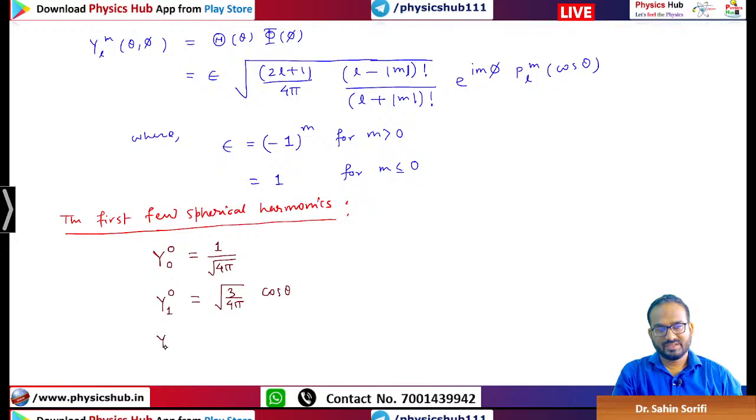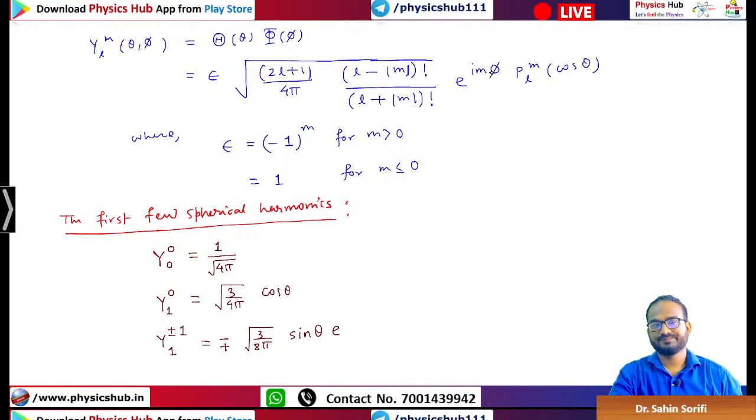As you make it l is equal to 1, m is equal to, let's say, plus 1 or minus 1, if you choose plus, it will become minus, and if you choose minus, it will become plus. So minus plus square root of 3 by 8 pi, theta dependent sin theta, and obviously exponential.